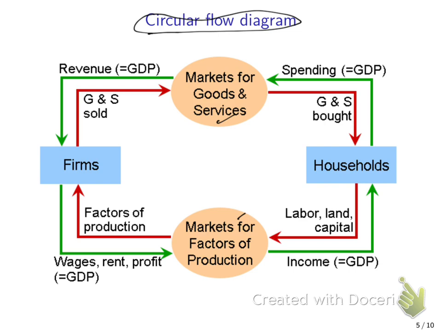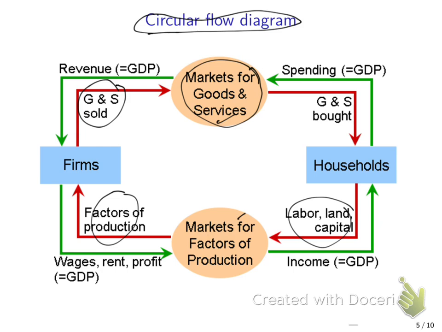So here the red loop shows how resources like labor, land, capital are rented or sold to firms as factors of production, and how firms transform them to goods and services and sell them through the market for goods and services to households. And on the opposite loop, the green one, we have payment of resources.